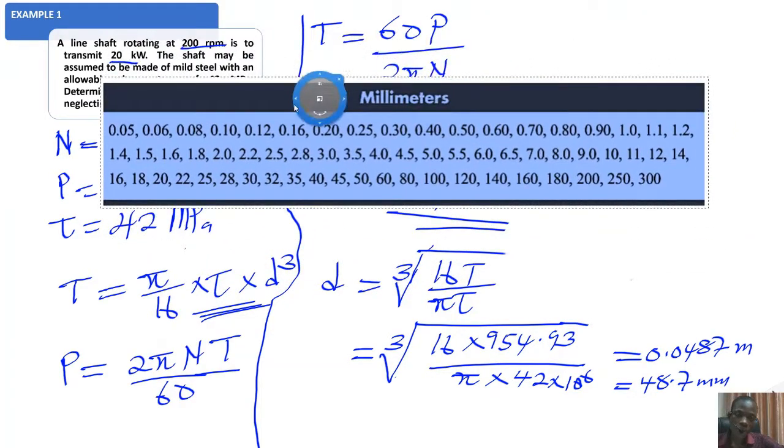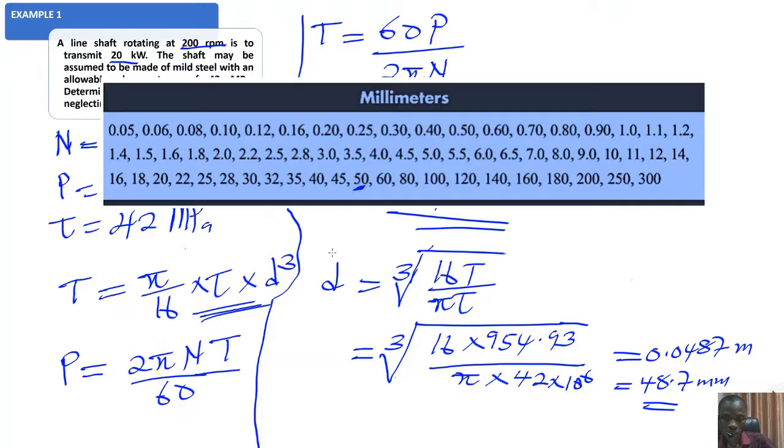So we have this table here, and the value that we got is 48.7. On the table in millimeters, that value lies between 45 and 50. 45 is too small for the theoretical value we are having. So we have to select the next standard size that is bigger than 48.7, and that is 50.